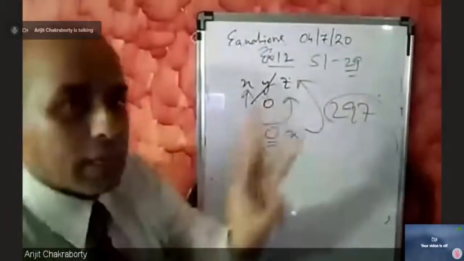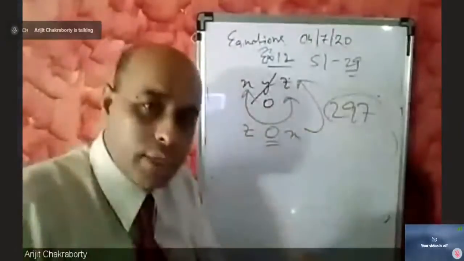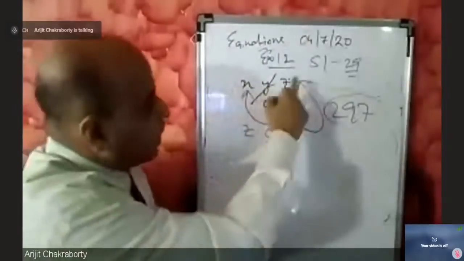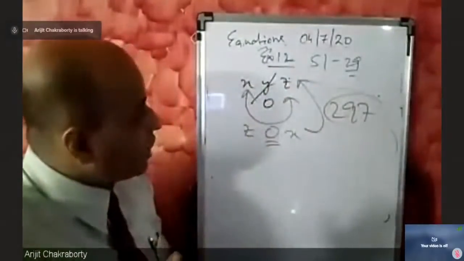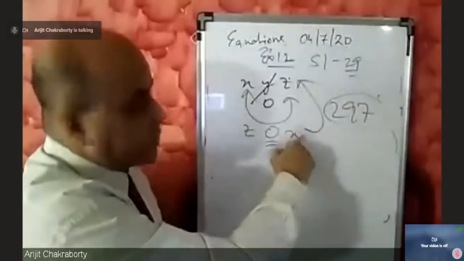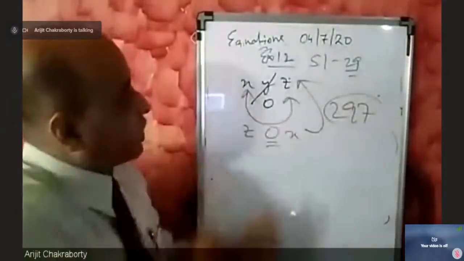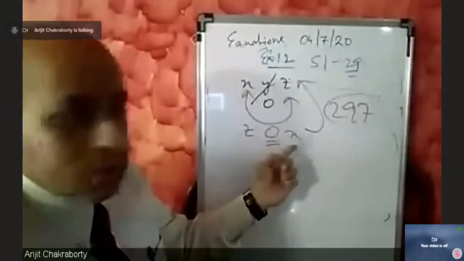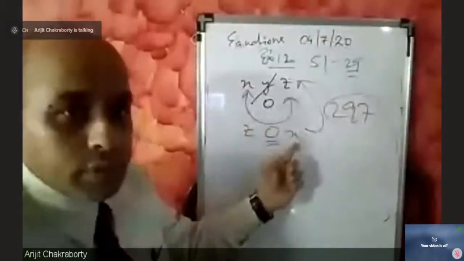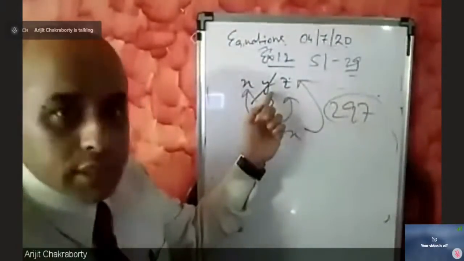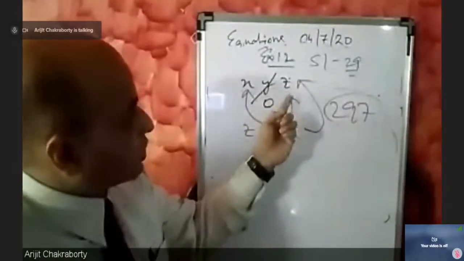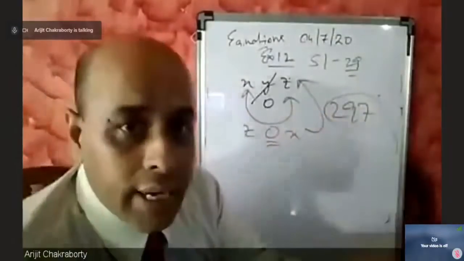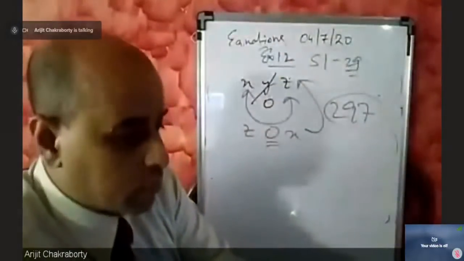So we have a 3-digit number of which the middle digit is 0. If x, which is in the hundreds place, comes to the units place, the tens place is 0, and z goes here, then this new number will be 297 more than the original number. We have to find it.